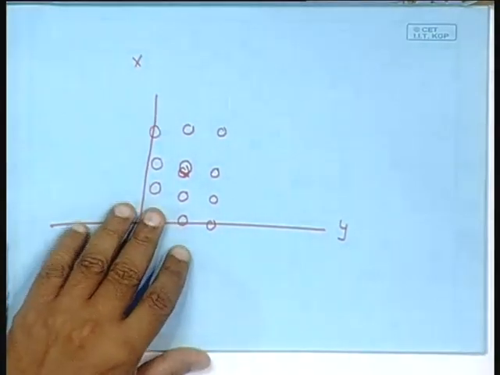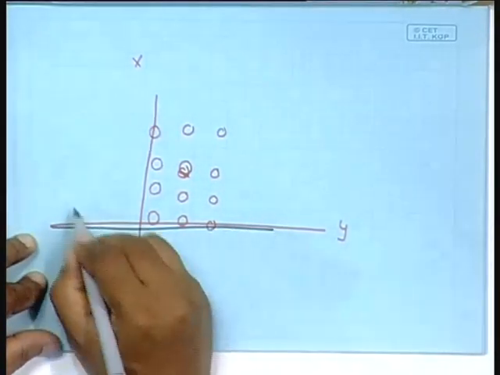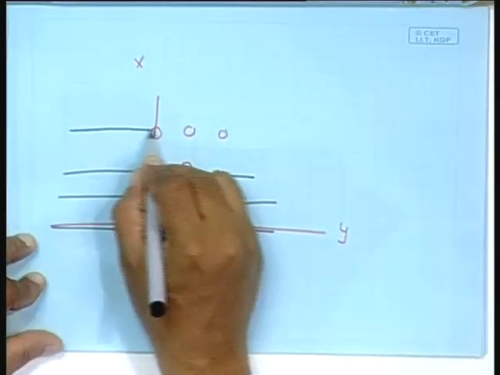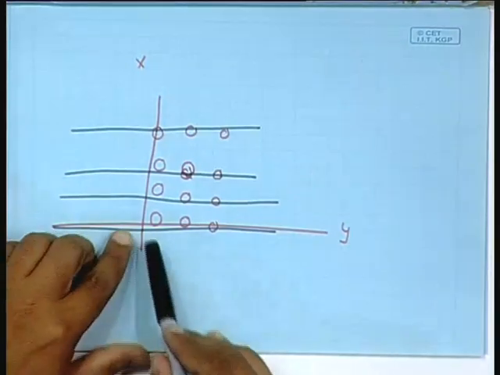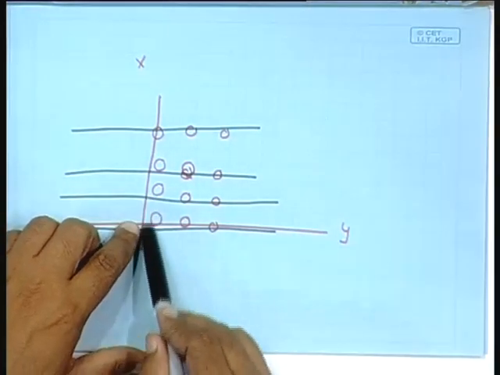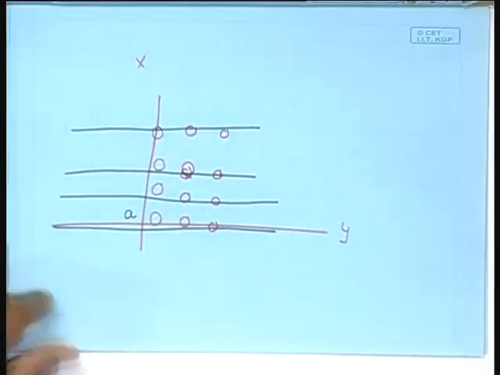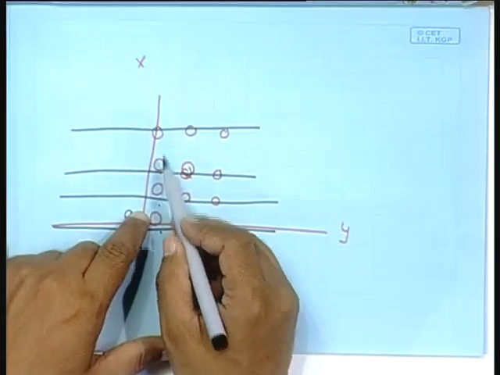Now I can draw a set of planes through this crystal which go like this, and these planes have intercept unity in terms of the interatomic spacing. They have an intercept of unity along the x axis.